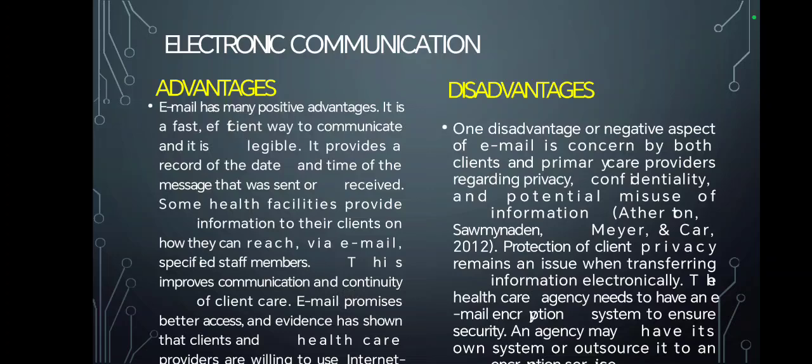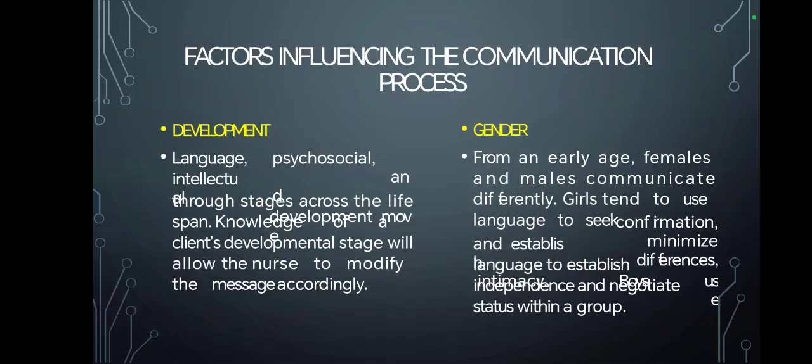Okay? So now let's talk about the different factors that could influence the communication process. So we have here development, gender, values and perceptions, personal space, territoriality, roles and relationship, environment, congruence, interpersonal attitudes, and boundaries.